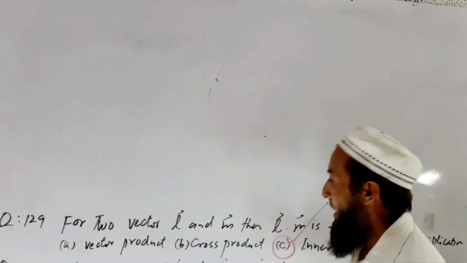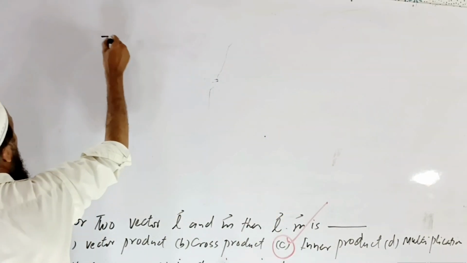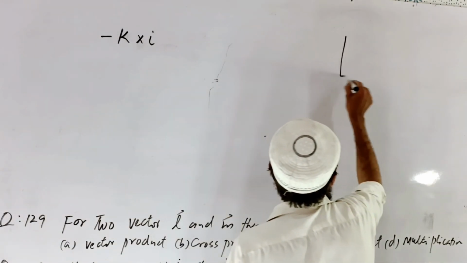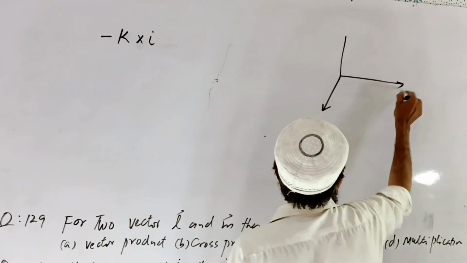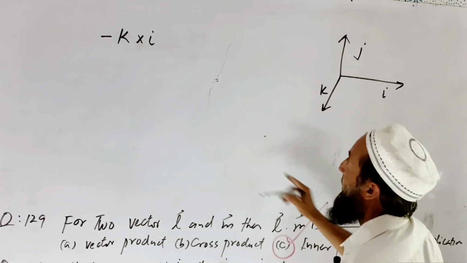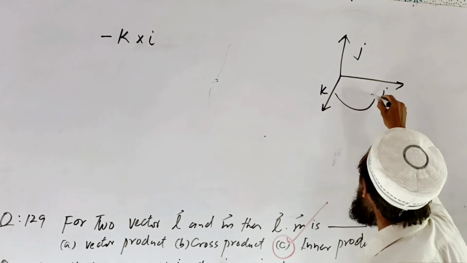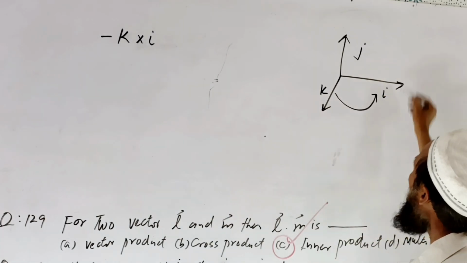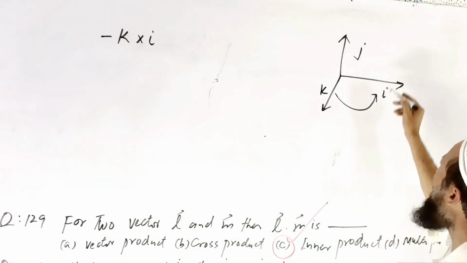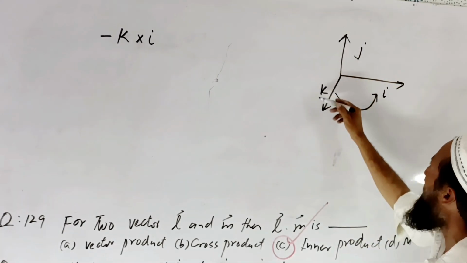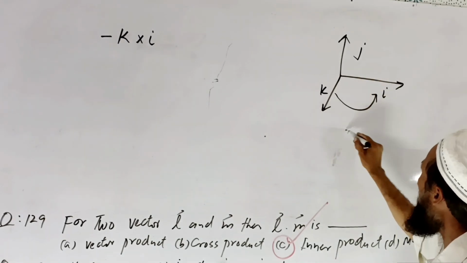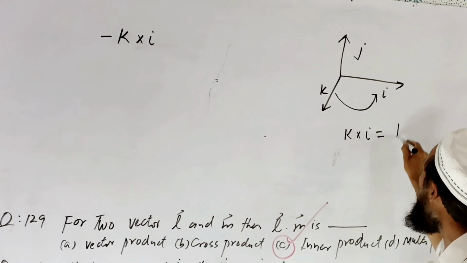Question number 100: the cross product of minus k and i is required. According to this definition, using the cross product of i, j and k in the anti-clockwise direction, i cross j is k, j cross k is i, and k cross i is equal to j.